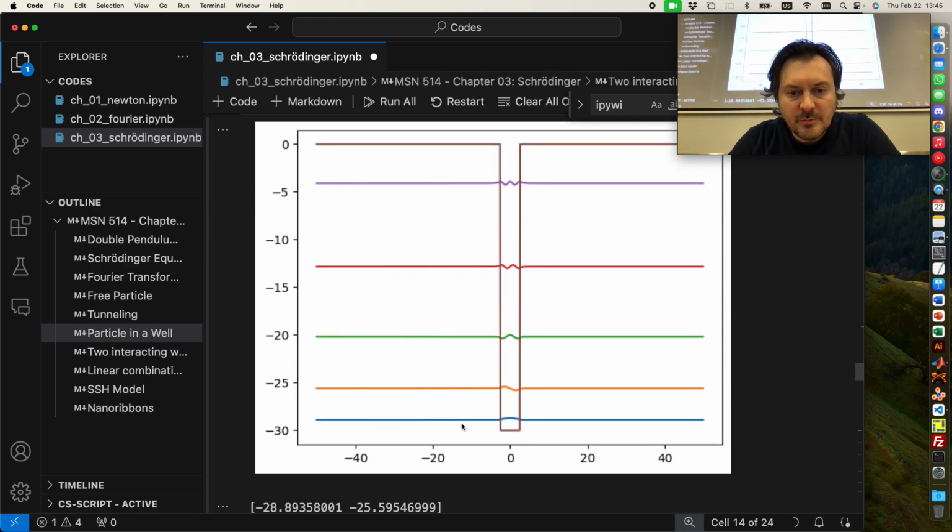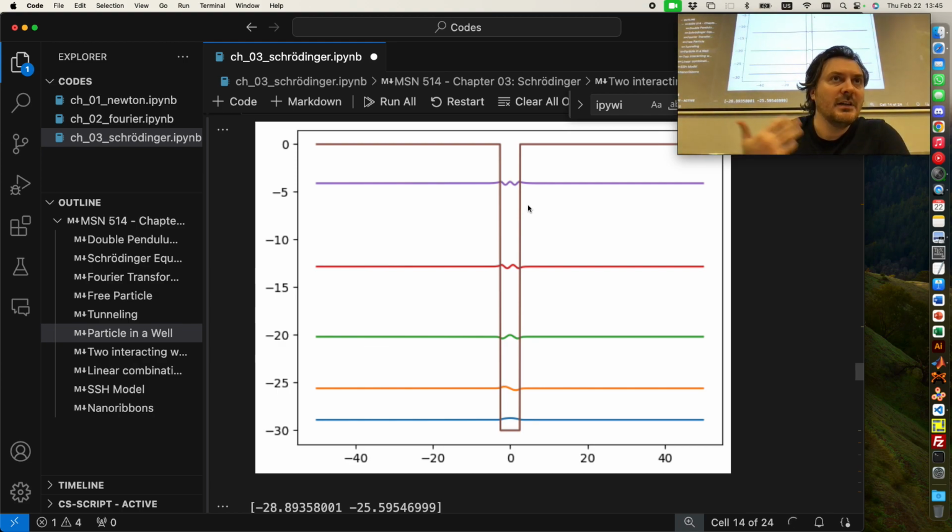Do you see at the bottom there is one hump? Then there's two, then the next one is 3, 4, 5. Okay, this is sort of like sine pi x over a, sine 2 pi x over a, but we didn't give to the computer any sines or cosines.